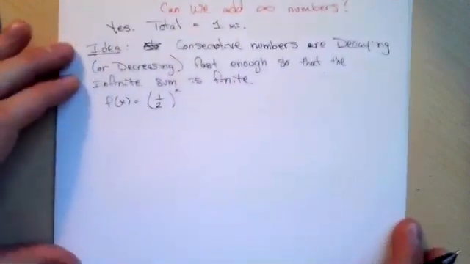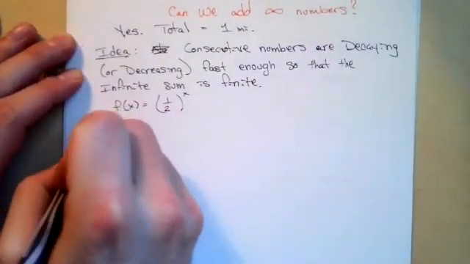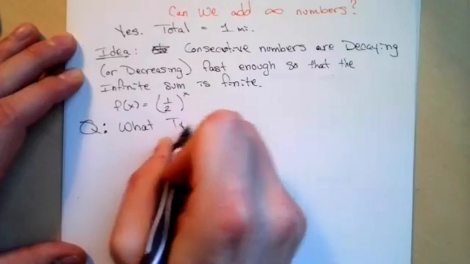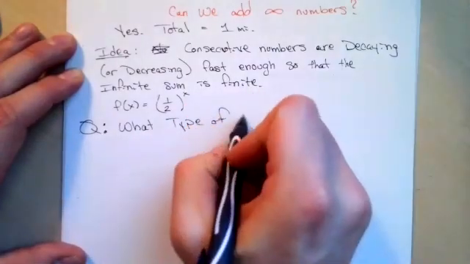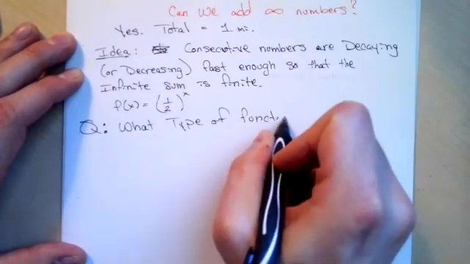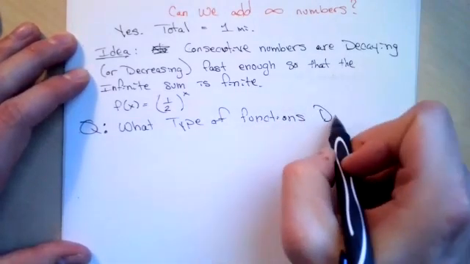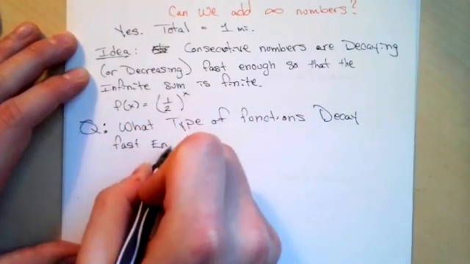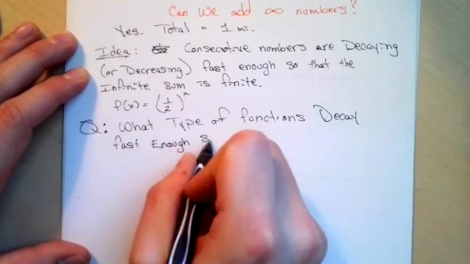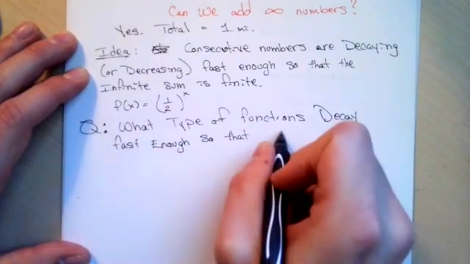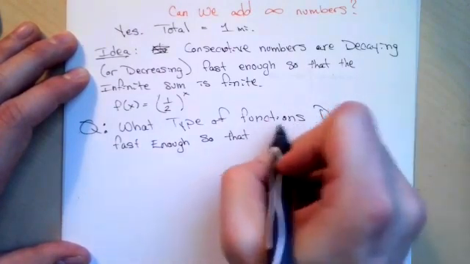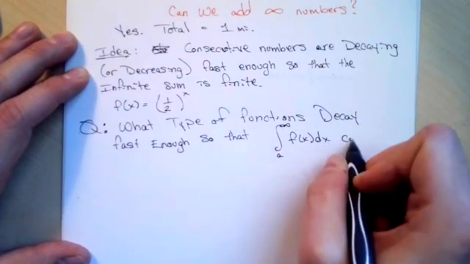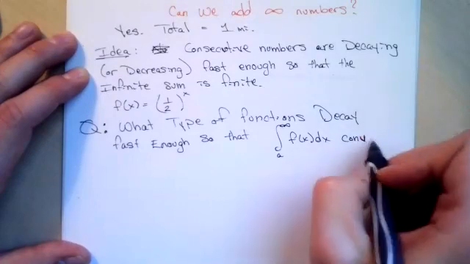So our question is, what type of functions decay fast enough so that the integral from whatever constant, whatever starting point, out to infinity converges?